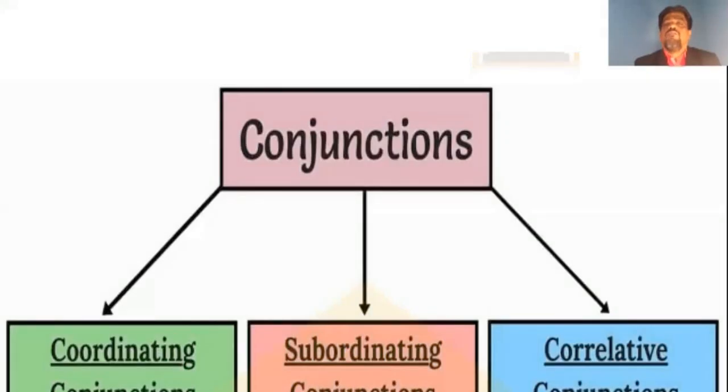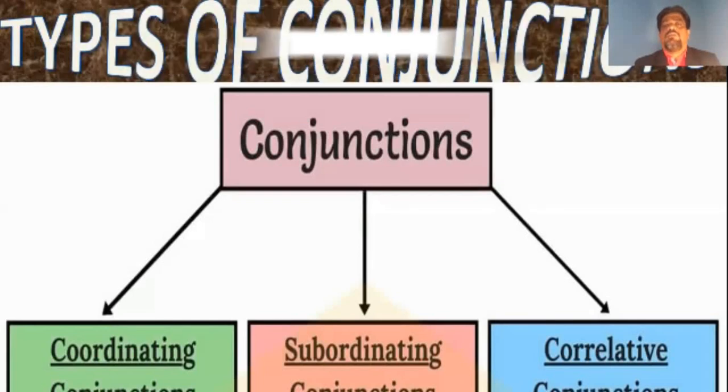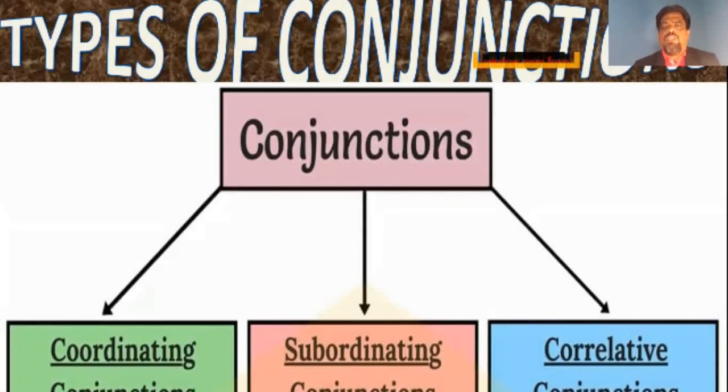Now, what are the different types of conjunction? In grammar, whenever we learn any topic, we need to understand first the definition, then the types of that particular topic, and then the examples of each one of them. Now, we already dealt with the definition. Let us see the types of conjunction.